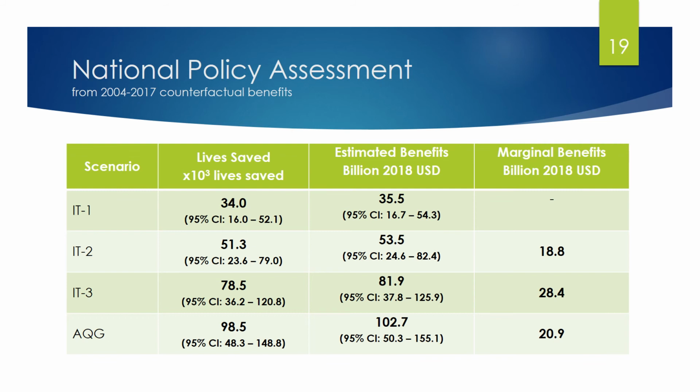Had this policy existed from 2004 to 2017, for instance IT1, we would have saved about 34,000 lives, with a 95% confidence interval between 16,000 and about 52,000. And the benefits that would have ensued had we had this policy is about 35.5 billion US dollars in 2018 figures.